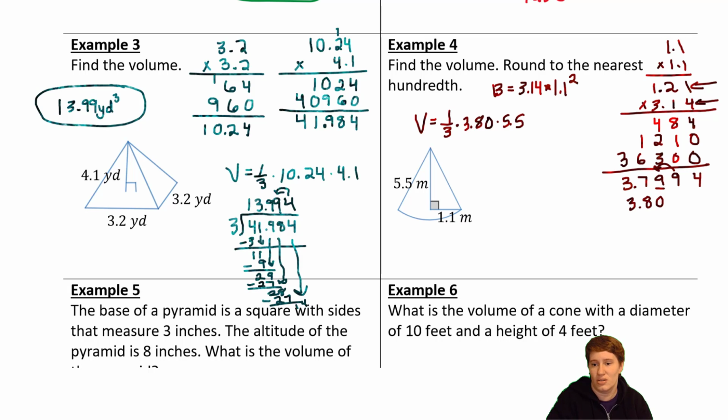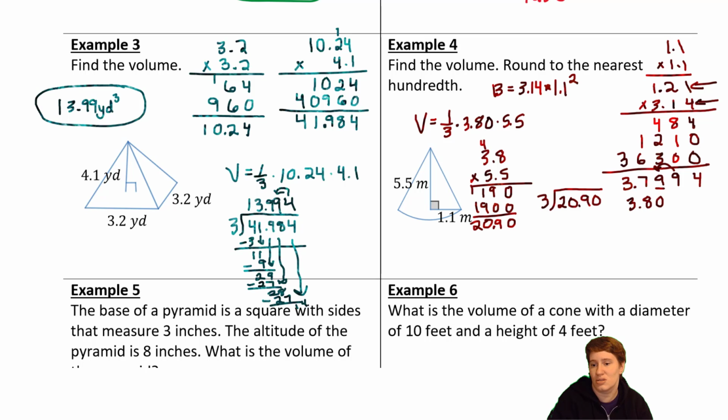So we're going to do 3.8 times 5.5 and then divide that by 3. So that's 40, 19, 40, 19. That's very nice. So I get 20.90 with 2 decimal places. Now let's take that and divide it by 3.